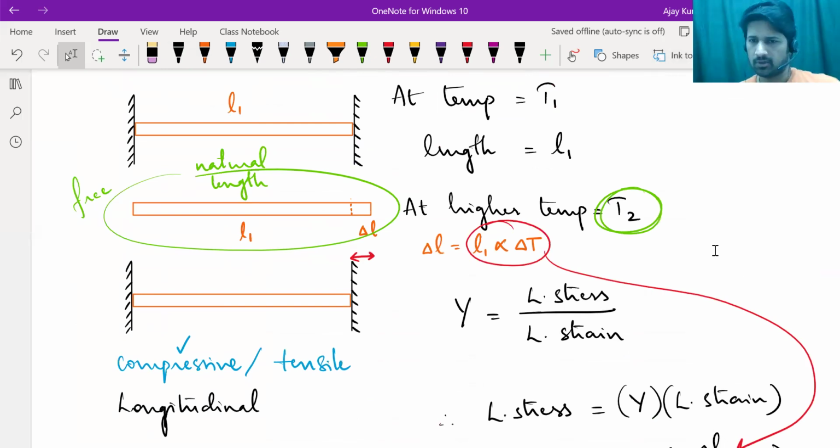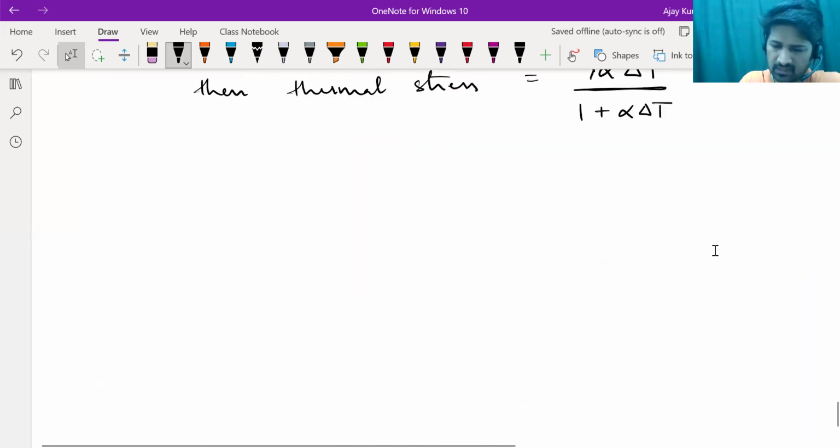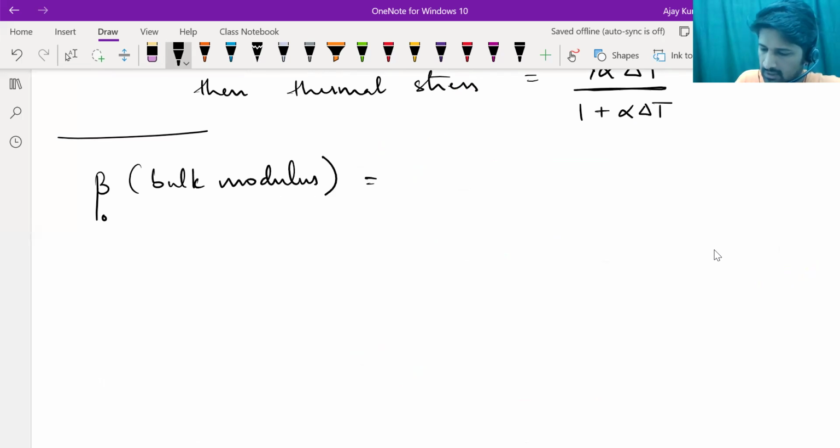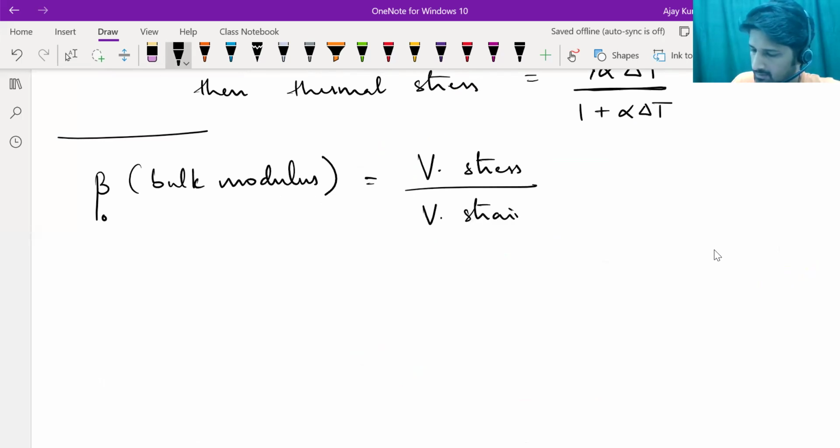Let's solve one problem like that. And let me quickly remind you what bulk modulus is. This beta is for bulk modulus, so I'm using the subscript naught. Bulk modulus beta naught is basically volumetric stress divided by volumetric strain.